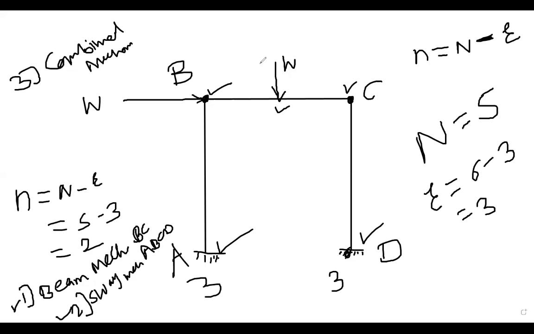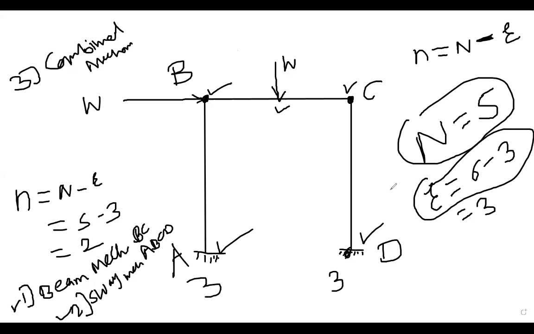Okay, so remember this. Depending upon the end conditions and loading, find out the possible locations of plastic hinges, capital N, then find out R, then take the difference, capital N minus small r, and you get the number of possible independent mechanisms.